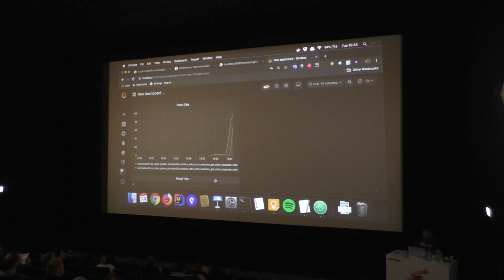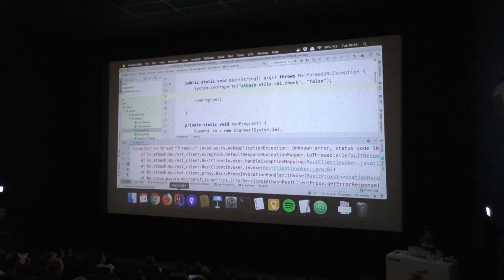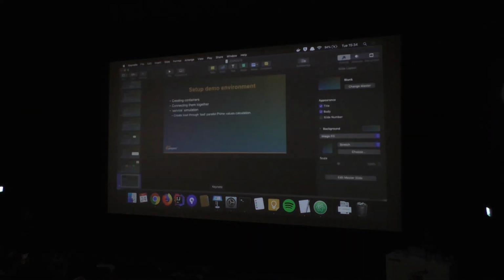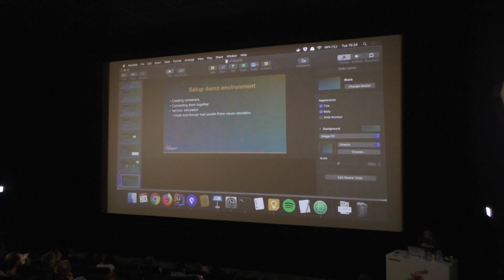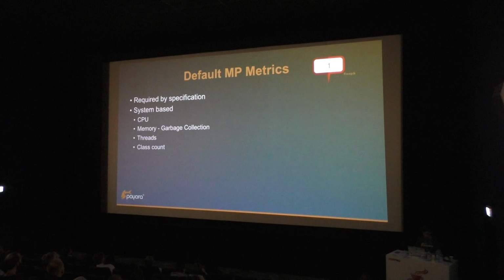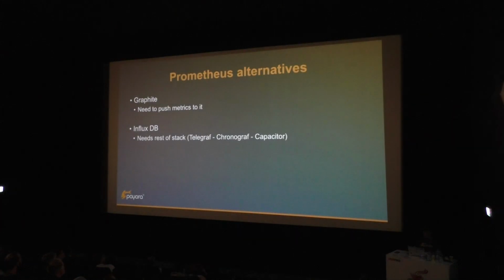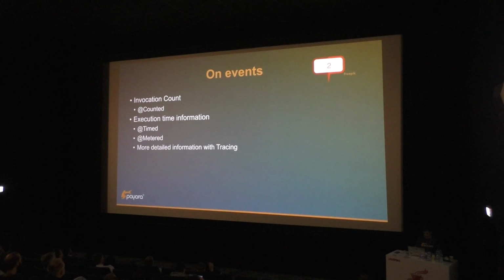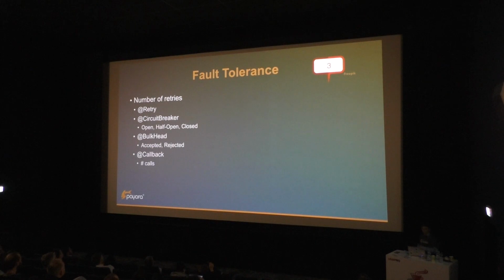So these are the basic things. Of course, you can do a lot with metrics. You have a lot more going on with that fault tolerance. These slides are online, so I do not have the time to go over them all. But you have more than just retry.